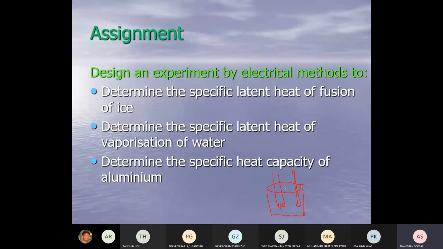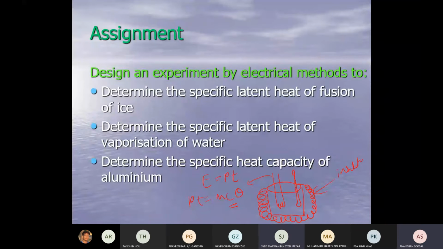The heater will give out a certain power. The power times time will give you the energy released. And you have some insulator surrounding it. Why do you need an insulator? Of course, we don't want energy loss to the surroundings. Then how do you find the specific heat capacity? Pt equals to mc theta, so you can work out your c, the specific heat capacity.